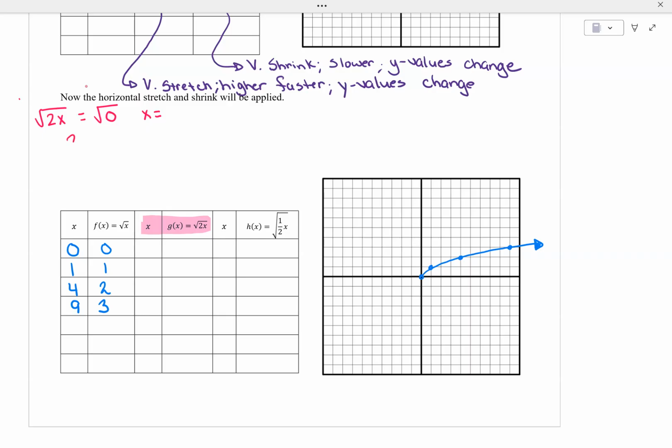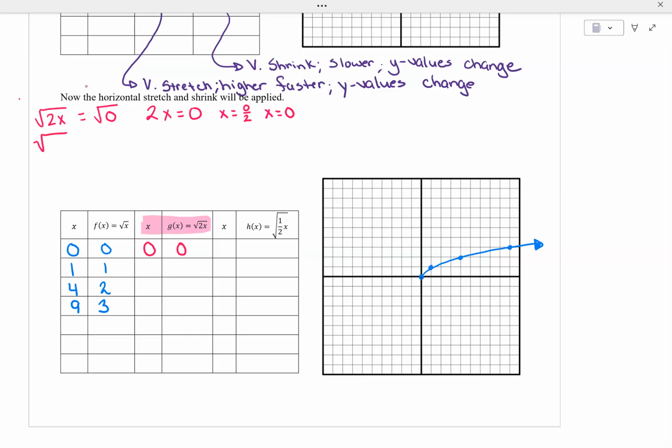Well, kind of like what I showed you a while ago, you could go 2x equals 0. Opposite of that is dividing. So 0 divided by 2 gives us 0. Okay, so how about I write it: 2x equals 0. x equals 0 divided by 2. So x is 0. Okay, so my x value would have to be 0, then the square root of 0 is 0.